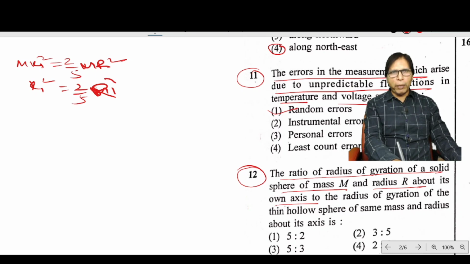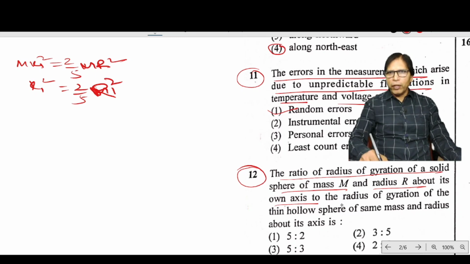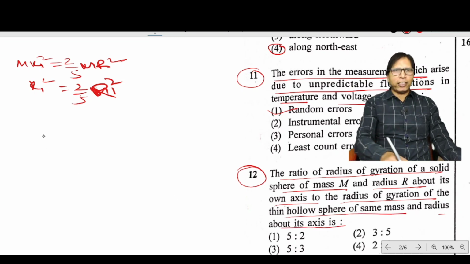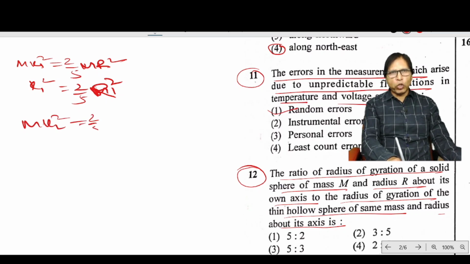Sorry, 2 by 5 R square. Okay, no problem. And the radius of gyration of the hollow sphere of same mass and radius about its axis. For the hollow sphere, this is m k2 square, so this is 2 by 3 m R square. So look at this, k2 square is 2 by 3 R square.